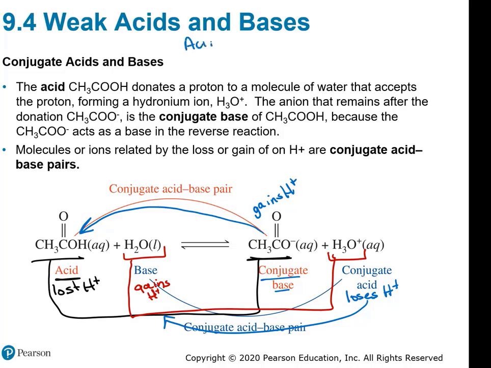You're always going to see that the acid is the reactant that loses a hydrogen ion, and it becomes the conjugate base. So the acid always forms the conjugate base on the product side.